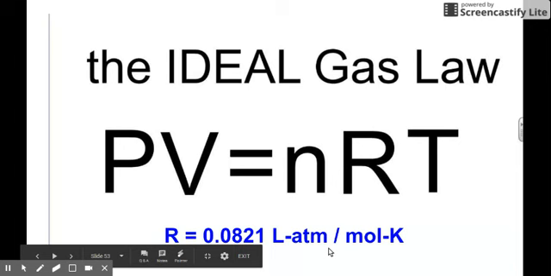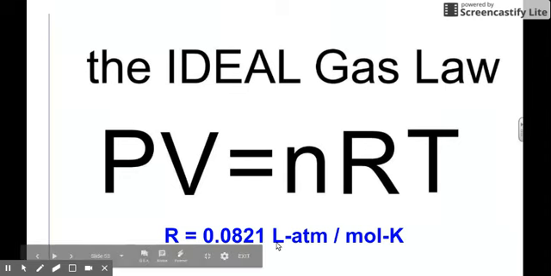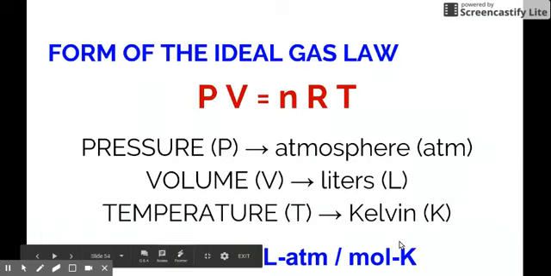That R has to be memorized, and R dictates the units of the other variables. Therefore, liter has to be the unit of volume, atm the unit of pressure, mole the unit of n, and Kelvin the unit of T.